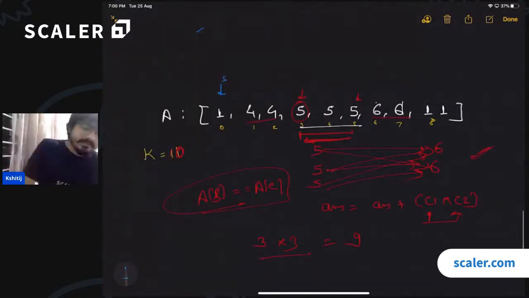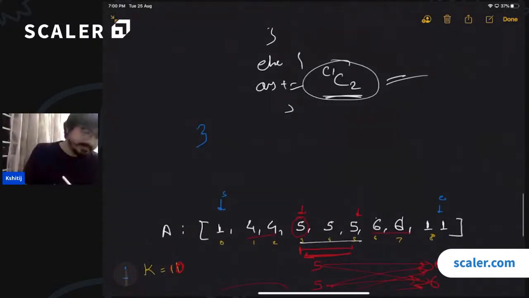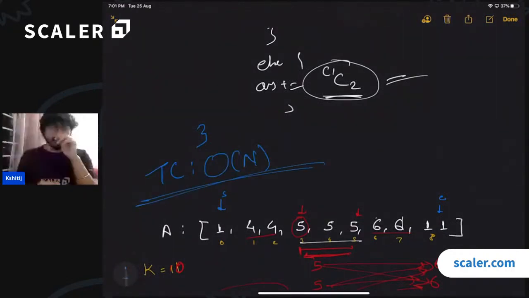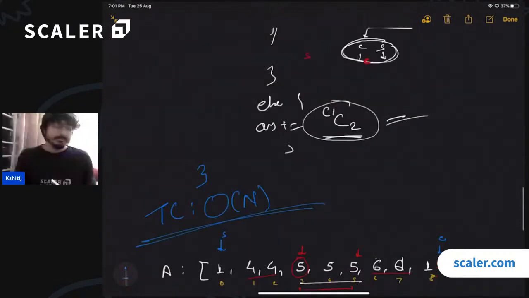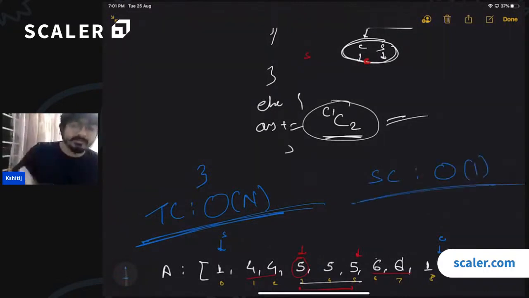Every element will be visited exactly once by one of the pointers, right? So that is why the time complexity is going to be equal to order n. So we have solved this problem with a time complexity of order n. And what is the space that we have used? We haven't used any extra space, right? So space complexity remains constant.